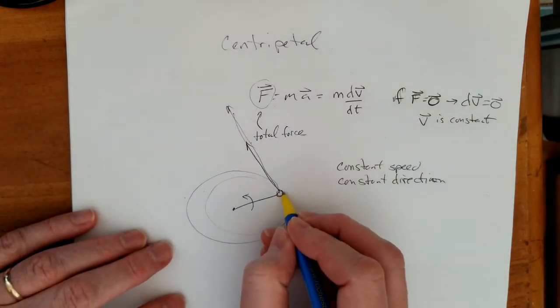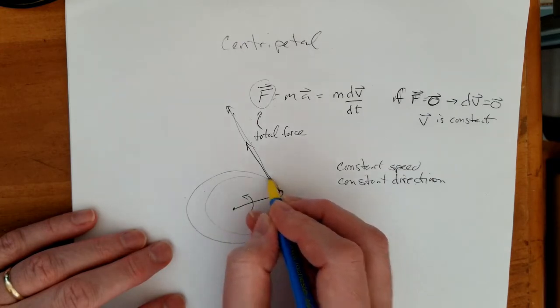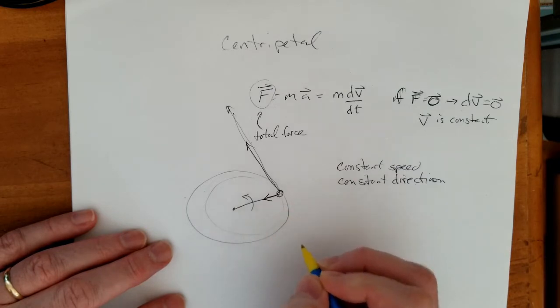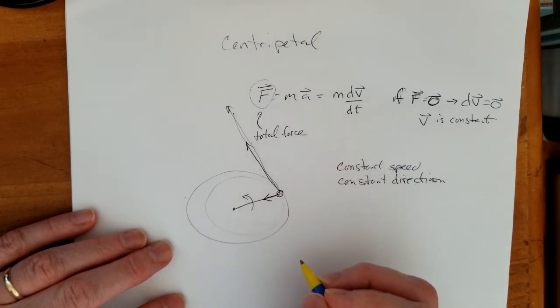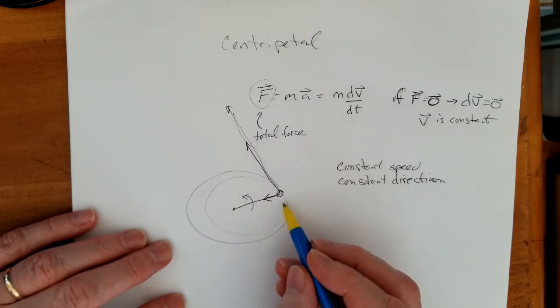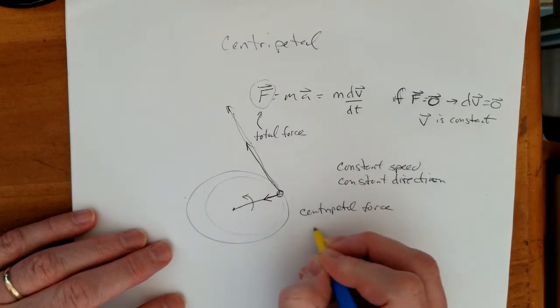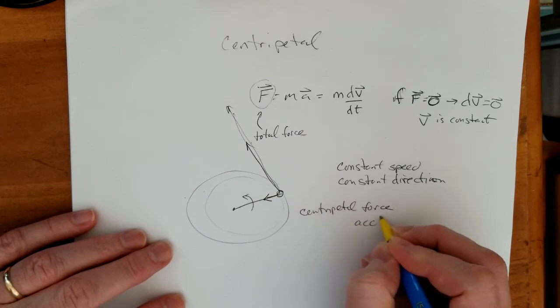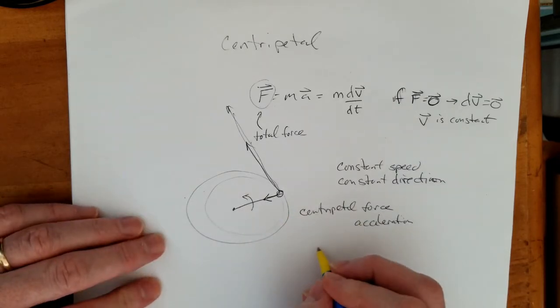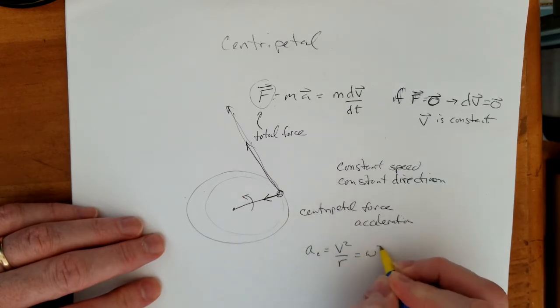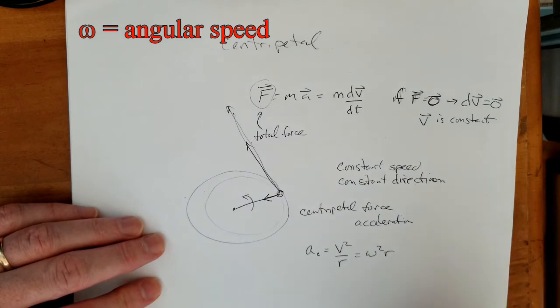So the force that causes this thing to go in a circle is a force that is pulled inwards like that, and therefore, I believe it's the Greek for center seeking, it is called a centripetal force, which is related to centripetal acceleration. From the earlier derivation, the magnitude of centripetal acceleration is v squared over r, or omega squared r, depending upon what you're looking at.